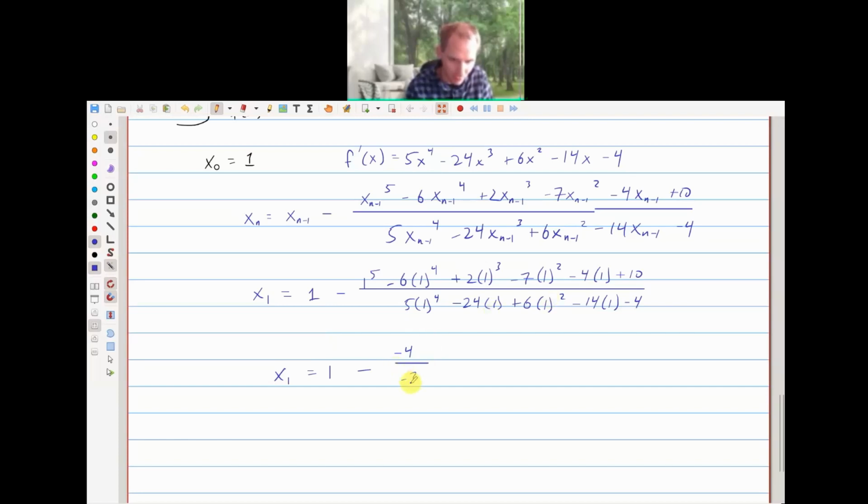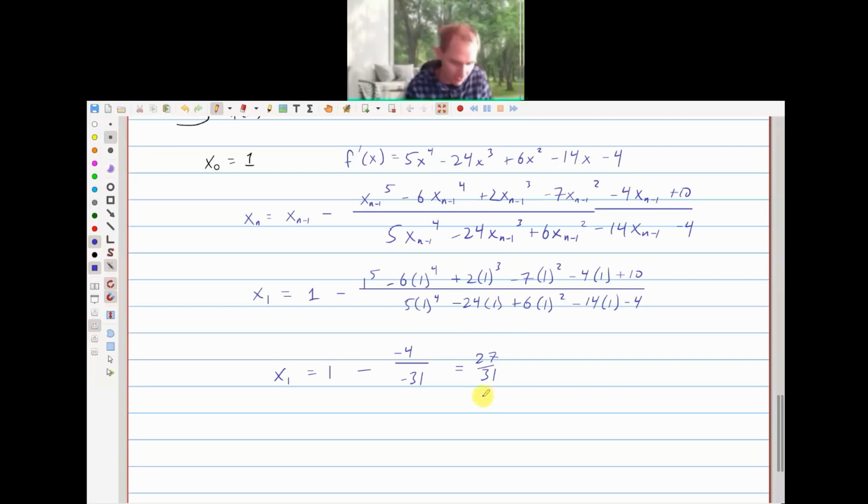I get negative 31. A negative over a negative is positive. So I have 1 minus 4 over 31. If I leave that as a fraction, 31 over 31 minus 4 over 31 will give me 27 over 31. So that gives me my first approximation for what this root is.